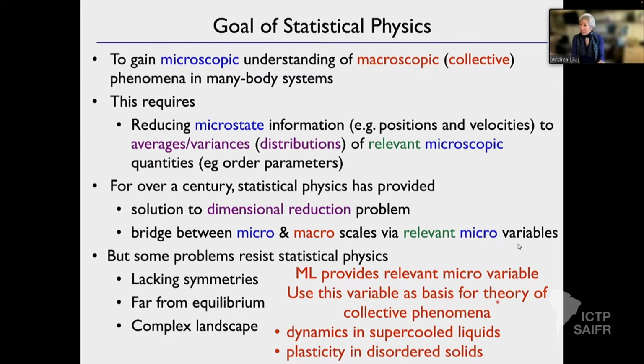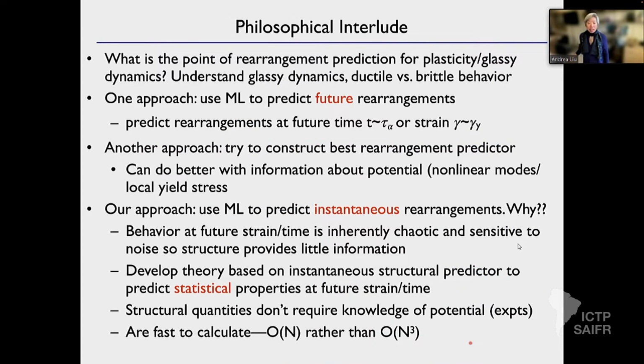And we're statistical physicists. Our goal is to build a theory. So what I'm going to talk about is a theory for dynamics of supercooled liquids and also for plasticity in disordered solids. And I hope by doing this, you'll get a feel for how to do this. Because the problem with machine learning methods is that they're incredibly powerful, but they were developed by computer scientists to do computer science tasks, things like prediction and classification.